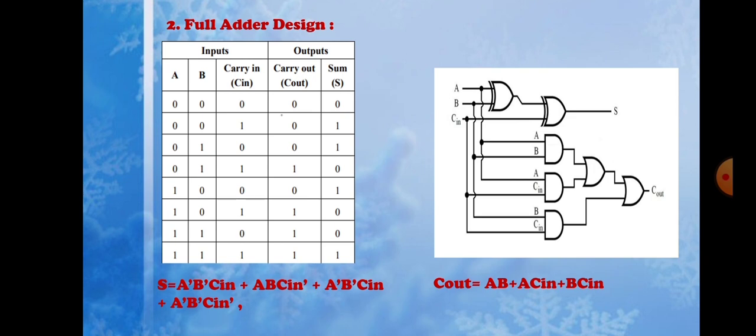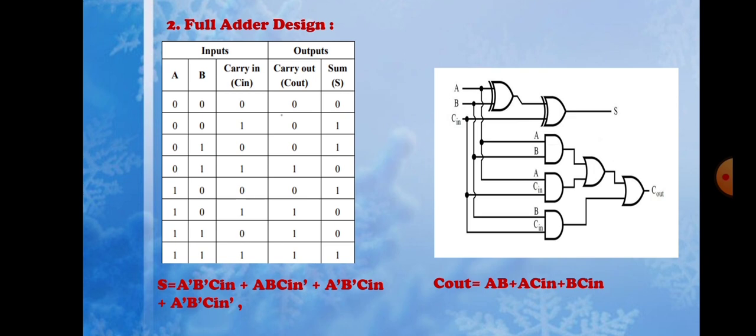Now let's see the sum and carry out of the full adder design. So when we have A 0, B 0, C in as 0, we get the sum as 0 and carry out will be 0. When we have A 0, B equals 0, carry in is 1, we have the sum 1 and carry out will be 0. If we have the A value 0, B value 1, carry in value is 0, we have the sum 1, carry out 0.